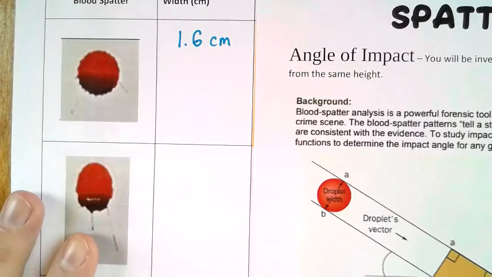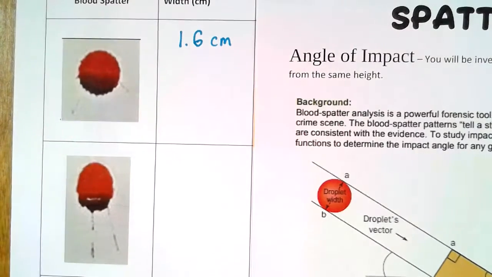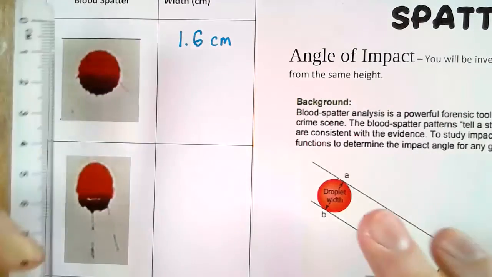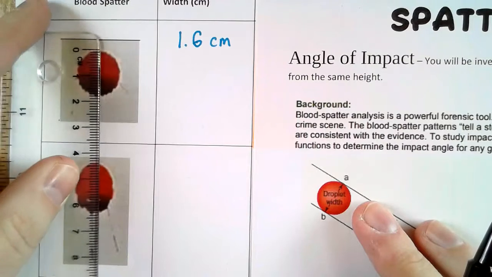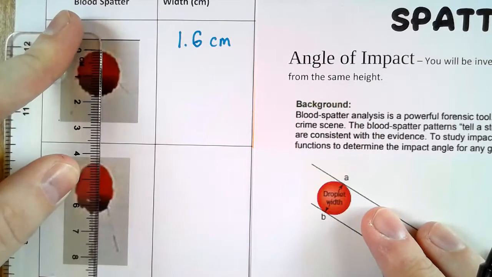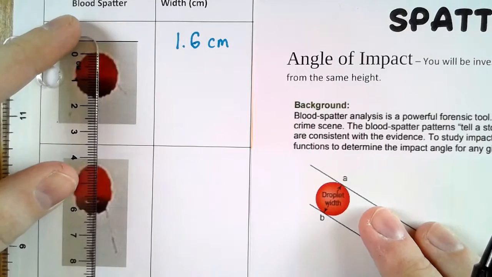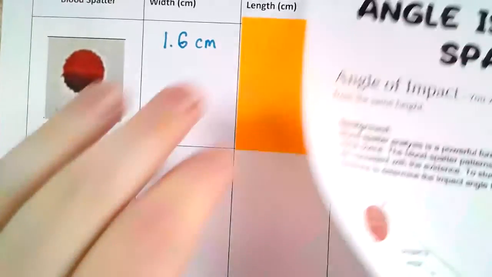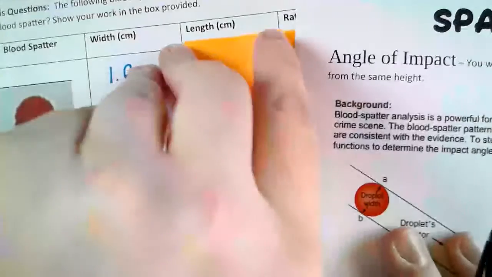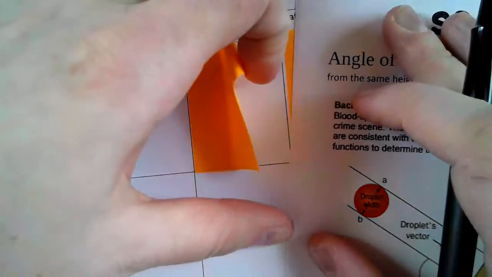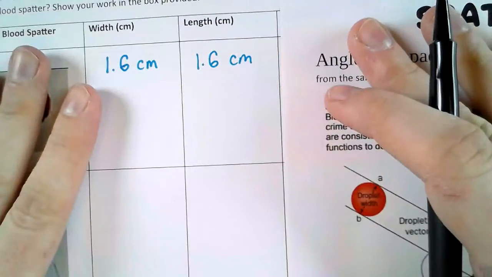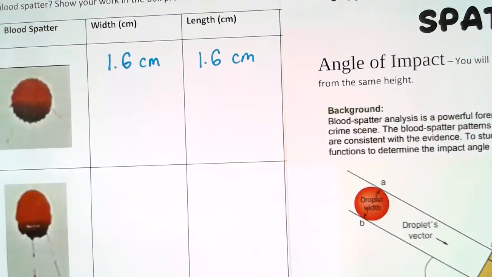The width is going to be 1.6. If I measure the length, once again in centimeters, I'm getting it to be 1.6 as well, being almost like a perfectly spherical drop. So you can go ahead and write 1.6 there.